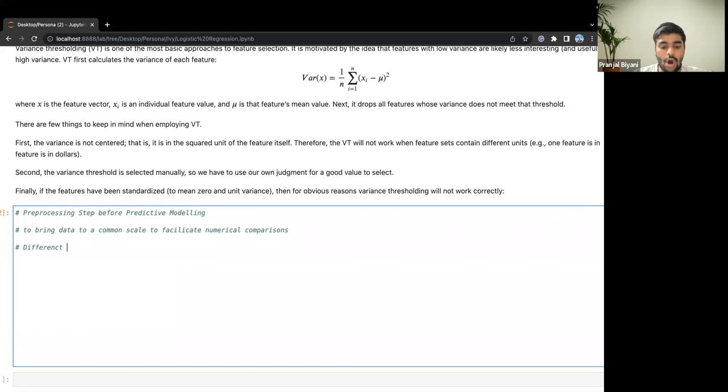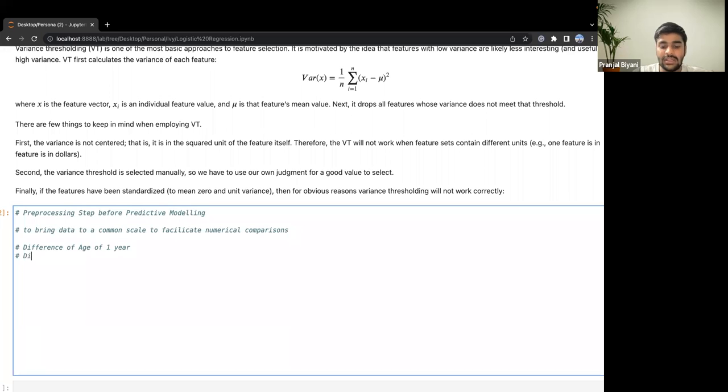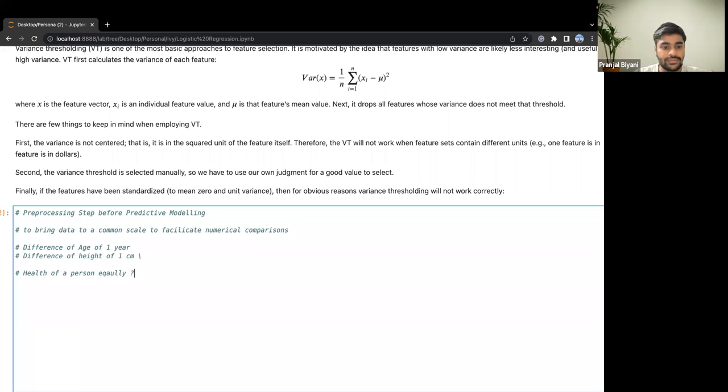Difference of age of 1 year and difference of height of 1 centimeter. Are these two going to impact, let's say, the health of a person equally? Think about it.